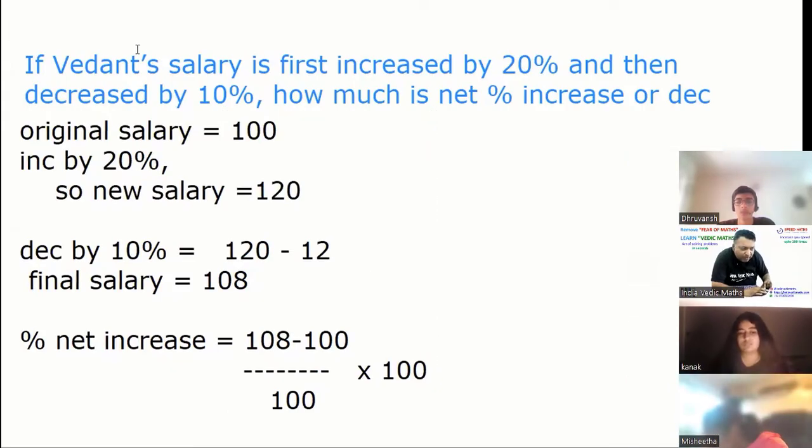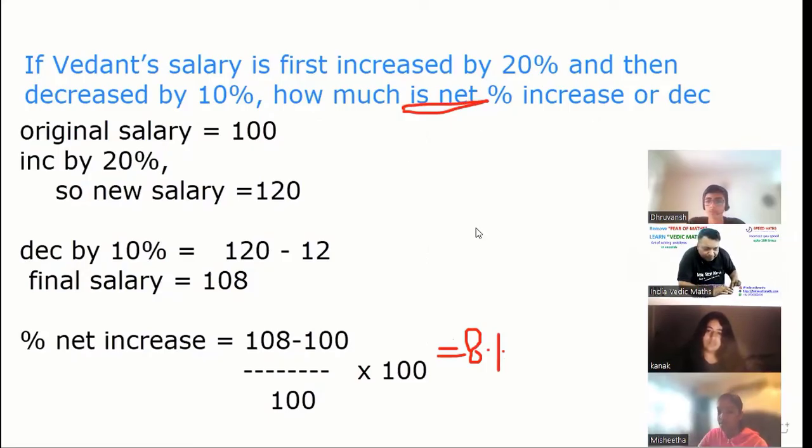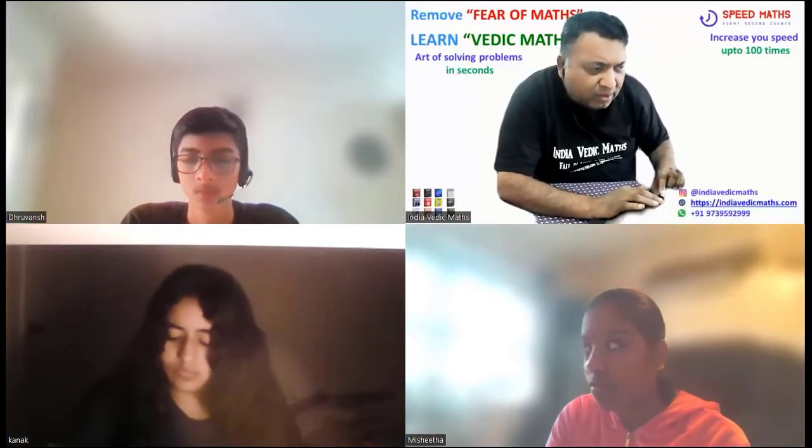Got it, everybody? You have to assume something. 100 is the best way. 8% increase is the net change. Cool, Mishita? Good. Anybody, any questions on this question? No? Let's move back to our assignment.